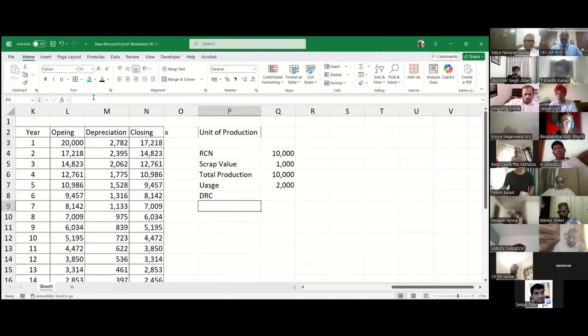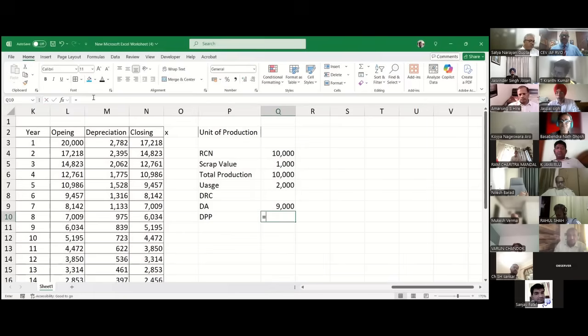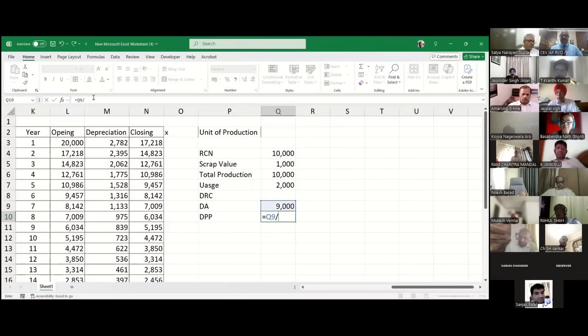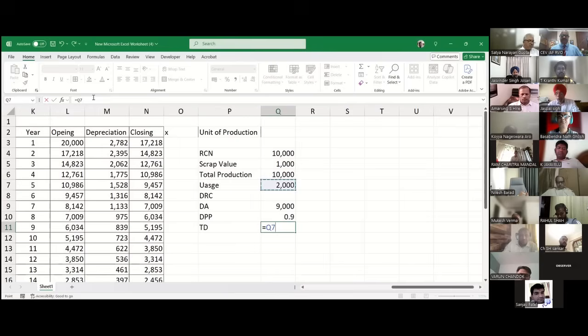Okay, so first, what we find? Depreciable amount. Then depreciation per production. So 9,000 divided by total production. एक प्रोडक्ट पर डेप्रिसिएशन होगा 0.9. So total depreciation will be 2,000 into 0.9.